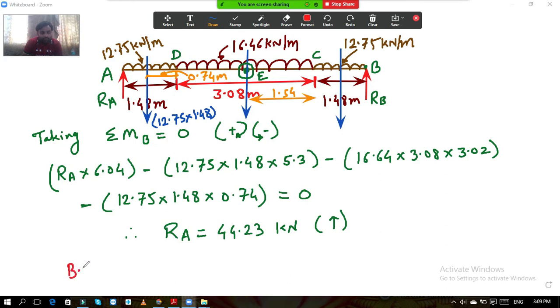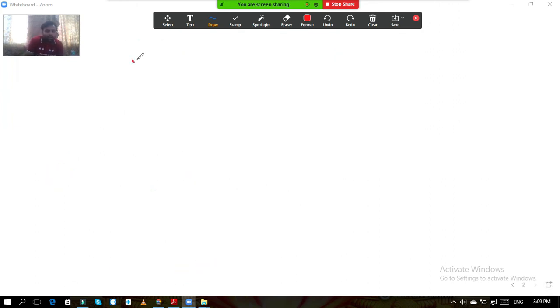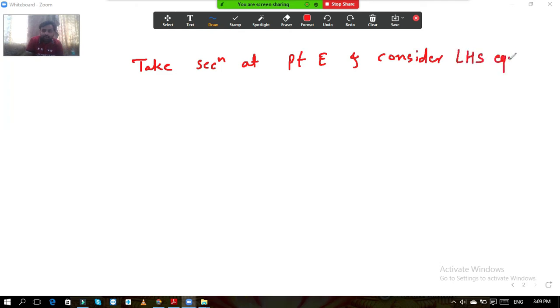So for the bending moment at point E, take section at point E and consider left hand side equilibrium.